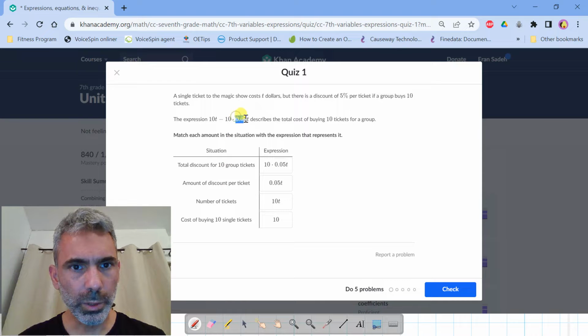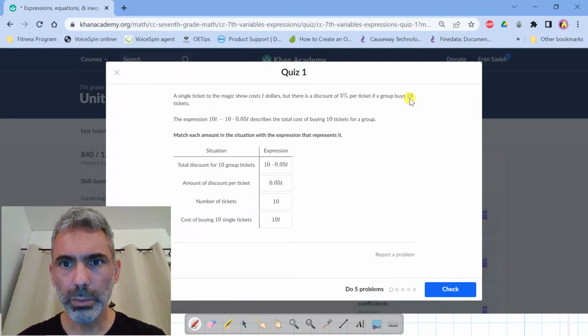Amount of discount per ticket. Okay, so this is the discount in percent, and when we multiply it by T, which is the cost per ticket, we get the amount of discount per ticket. Okay, number of tickets is 10.